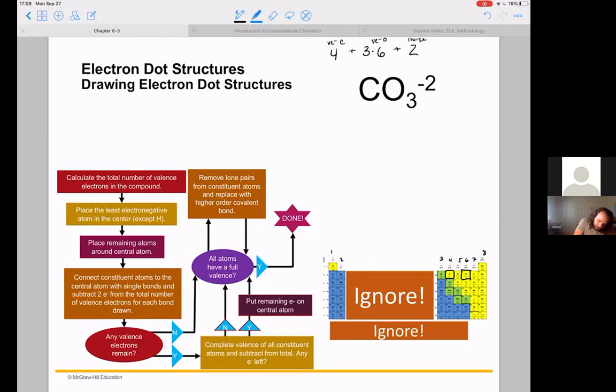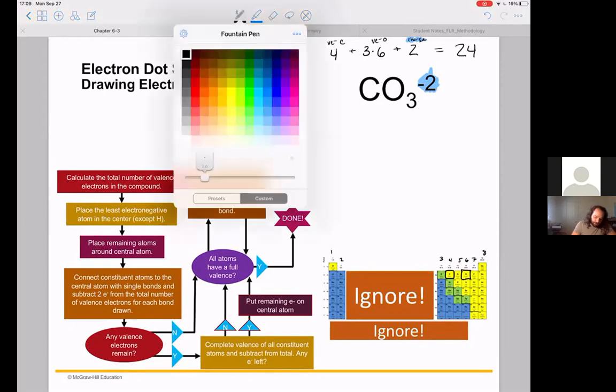My charge tells me I have 2 extra electrons, so when I'm calculating the total number of valence electrons, I need to make sure to add that to the total. So 18, 22, 24. We have 24 valence electrons total for this structure.